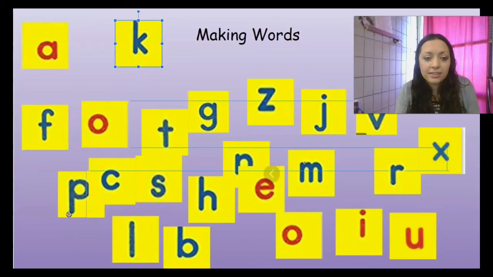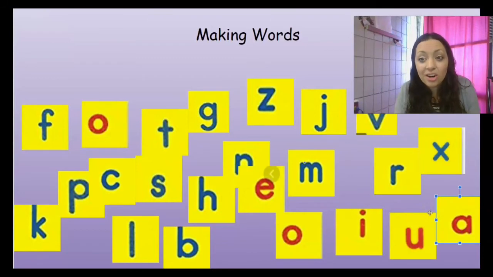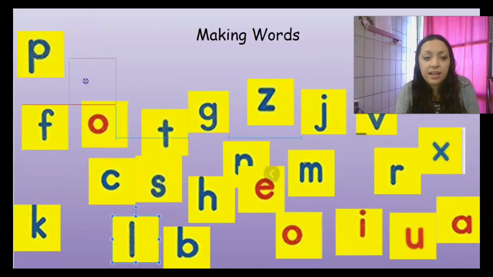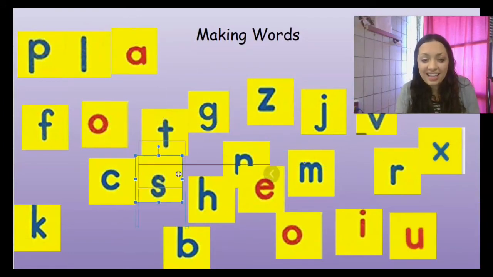All right, let's try one that we practiced today. We want to make the word, and this is a longer word, so we're going to hear each sound, plastic. So what do we hear first? Pull. That's that PL blend. Very good. So I have PL. Then A. Very good. S. Very good.